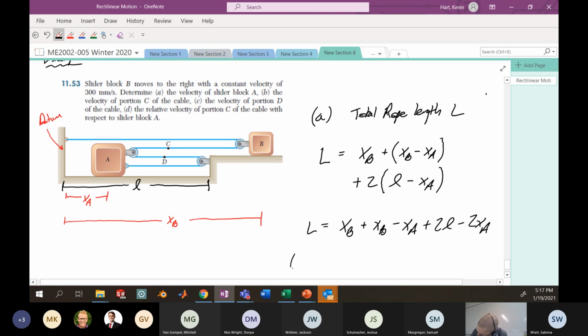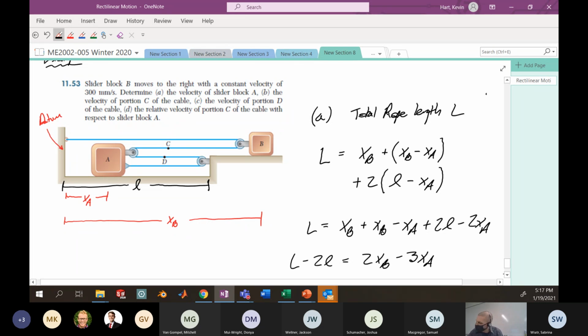I'm going to rearrange this as L minus 2 little l is equal to 2xb minus 3xa. This here is your general position relationship that you would maybe strive to write on a test if you wanted to organize it well. Get constants on the left-hand side, get dependent positions on the right-hand side. It makes things easy to see and organize clearly.